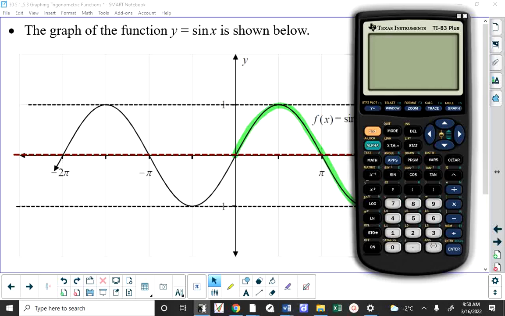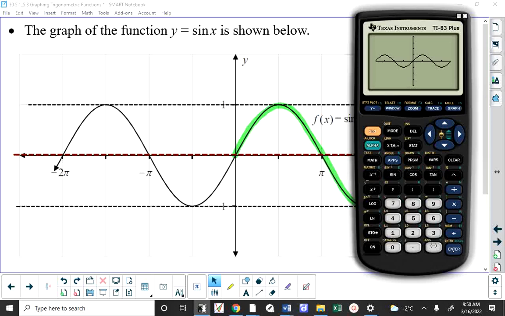Okay? I want you to go y equals and enter sine of x. And then I want you to go zoom trig. There's a special trigonometric zoom setting. And there's a nice picture of what it looks like.